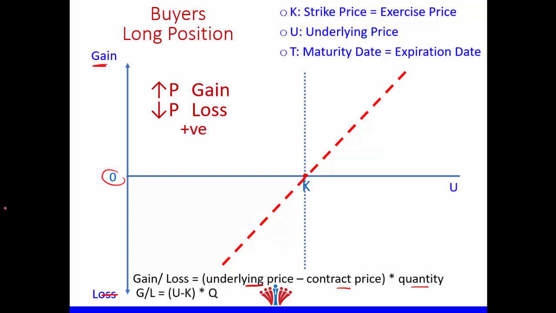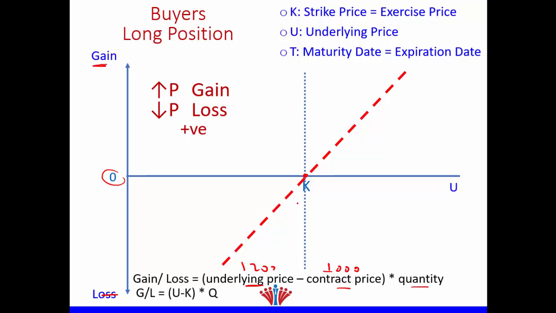So let's apply the example of gold. Let's assume that we agreed that the contract price for the gold is $1,000. Then we discover that after 3 months, which is our maturity date or expiration date, the underlying price is $1,200. Therefore, do we make a gain or loss? 1,200 minus 1,000 gives us 200.